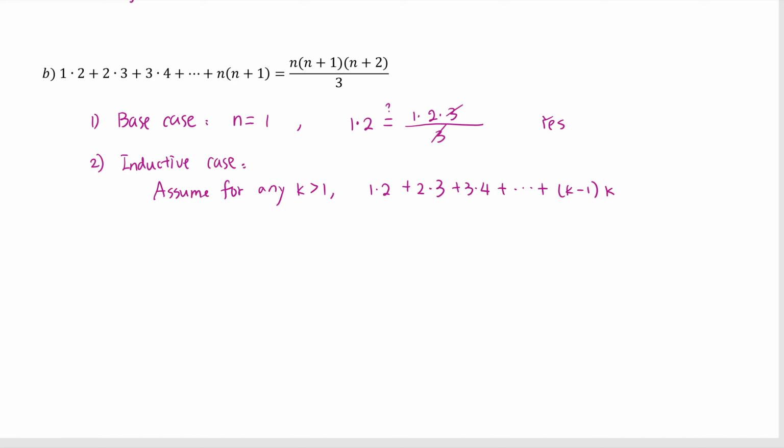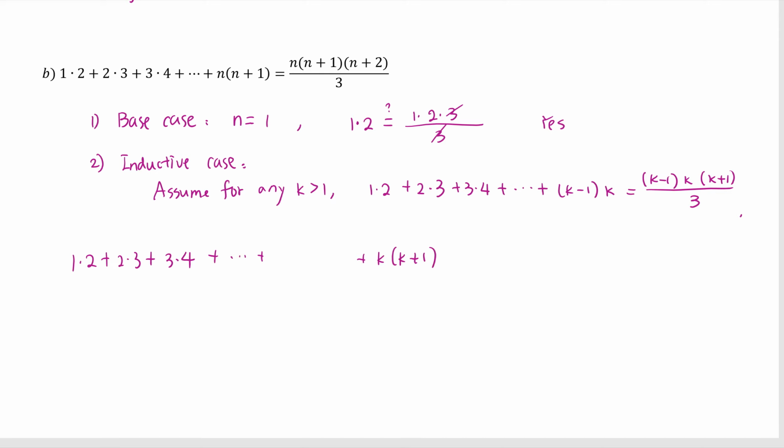Then this is k minus 1. When we add 1, it becomes k, and then we have k plus 1 or 3. So we assume this holds, and we want to prove what? The equation holds for n equals k, right? N equals k, then we have k plus 1, right?